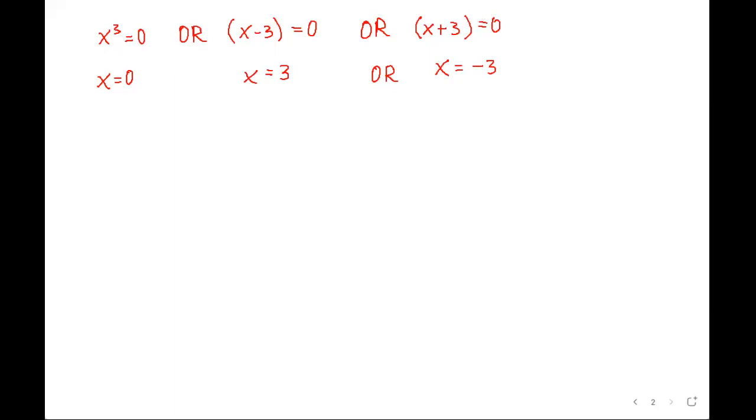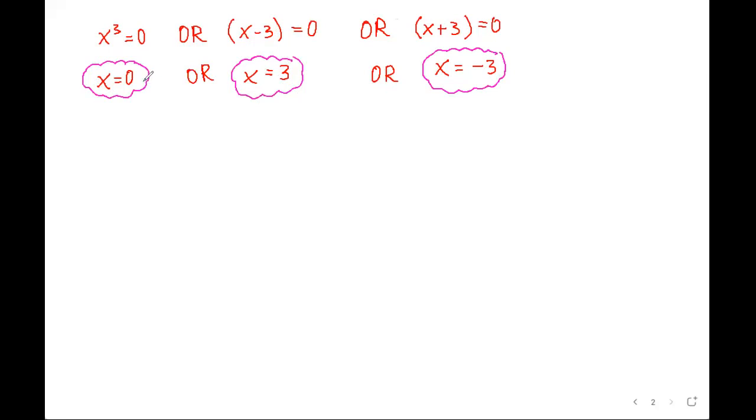So the answer will be x equals 0, or x equals 3, or x equals minus 3. So I have 3 solutions for this one. How can I check the answer?